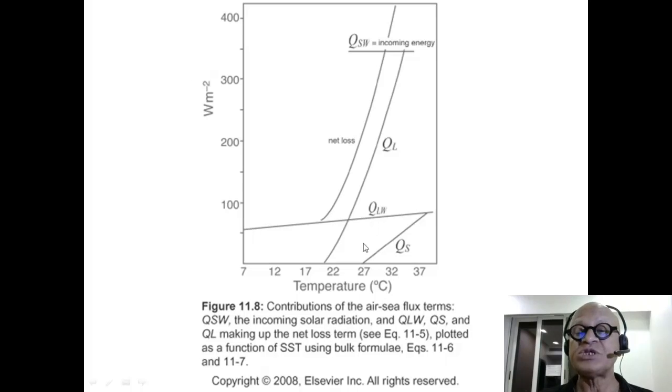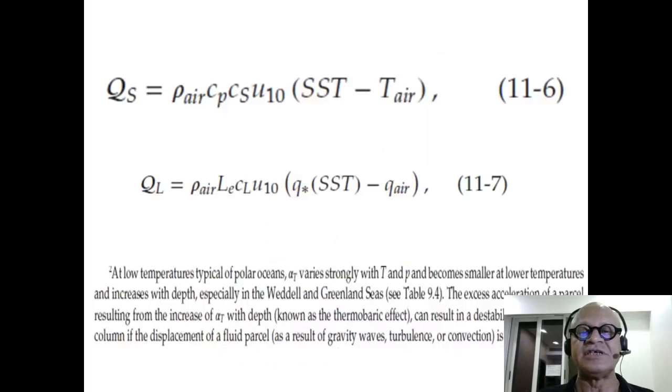There is the long wave, which increases with temperature, obviously sigma T to the fourth, and sensible heat also increases, but you can see that they are relatively small compared to the latent heat flux. So this is where the balance happens, depending on where the net loss or net gain of the heat flux happens. So that's kind of the equilibrium sea surface temperature if only one-dimensional balance was happening and heat fluxes were determining the SST.